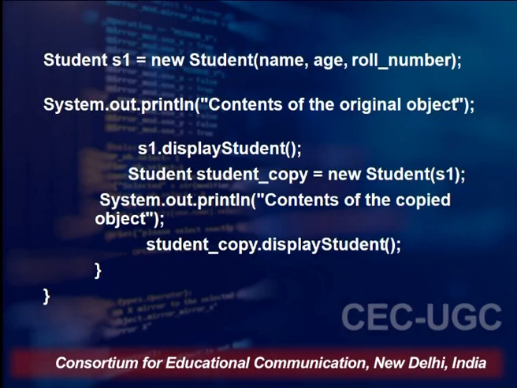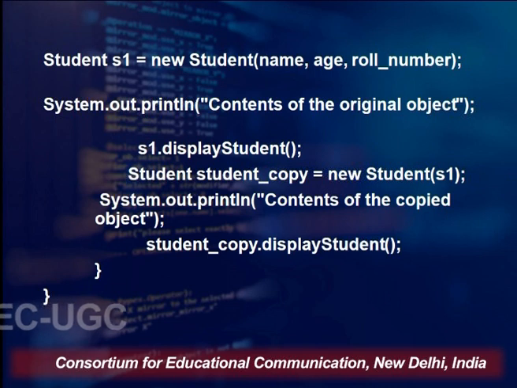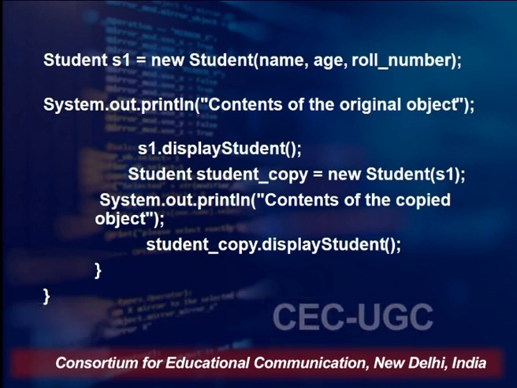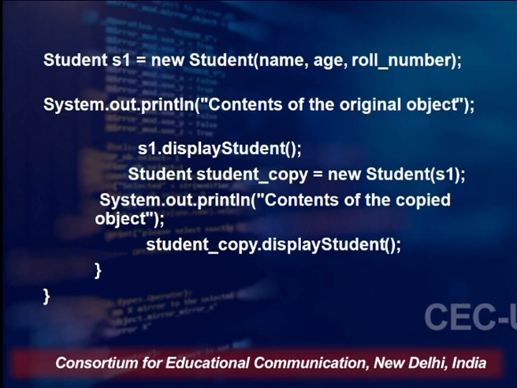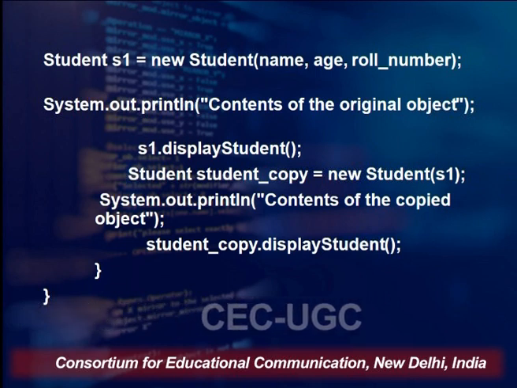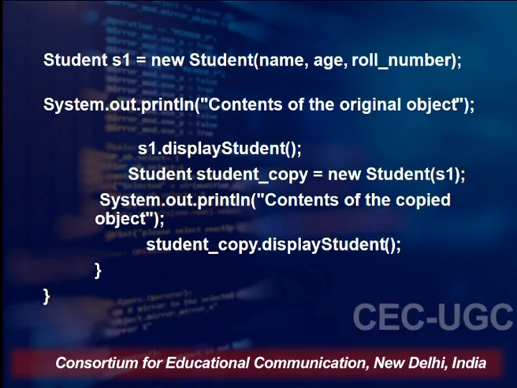One is S1 and another one is student_copy, and these two have the same data, but the objects are actually different. If we perform any changes in S1, it will not be reflected in student_copy, or vice versa. If I perform any changes in student_copy, that will not be reflected in S1.